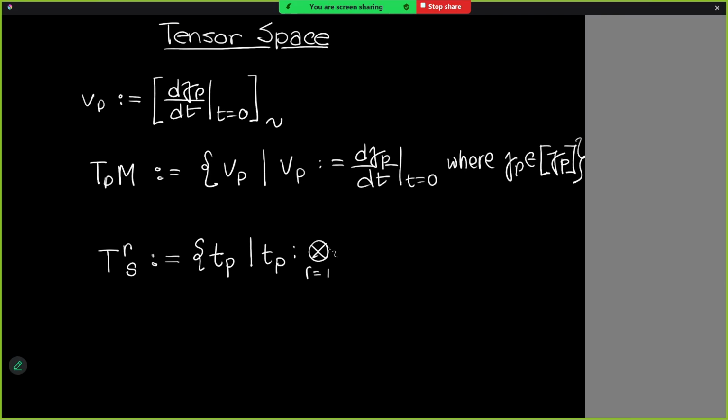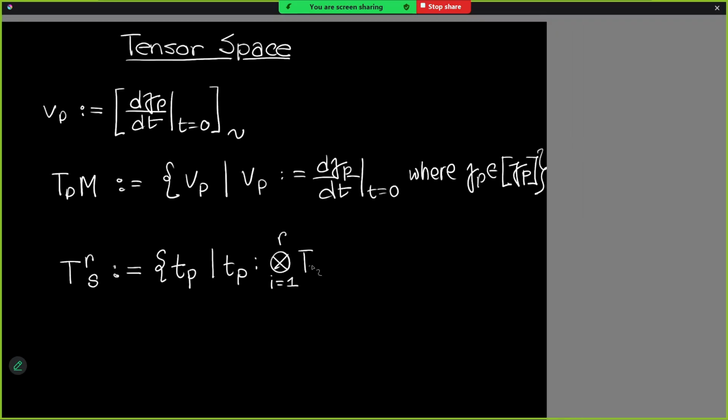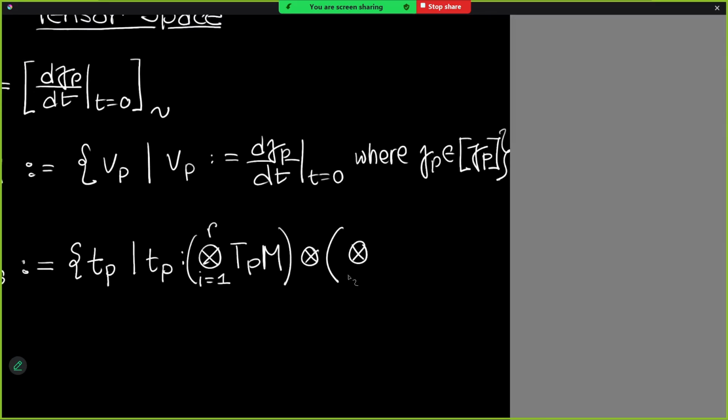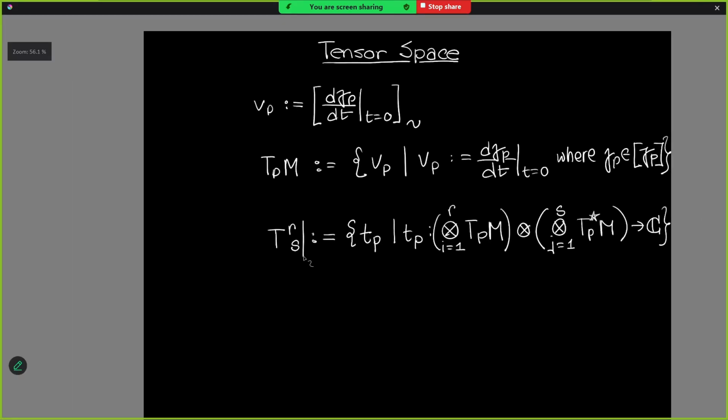Let's write it like this: the tensor product over i equals 1 to r of T_pM, tensor product over j equals 1 to s of T_p^*M. I'm just using a more compact notation here, but we're writing the same thing. So that is the tensor space. We should restrict it to p.